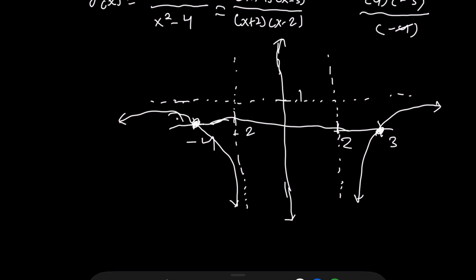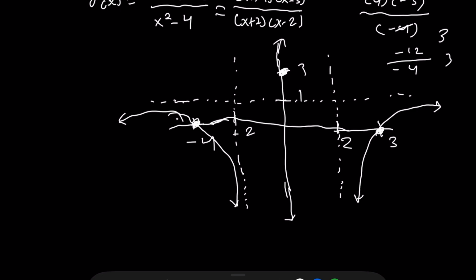So we get 3, or something like that. I hope I did my math right. Actually, hold on, we get -12. -12 over -4, which should give us 3, okay. So we have a point up here.